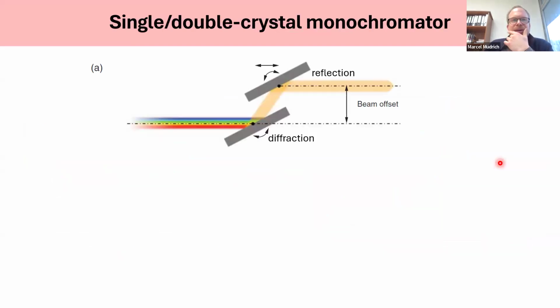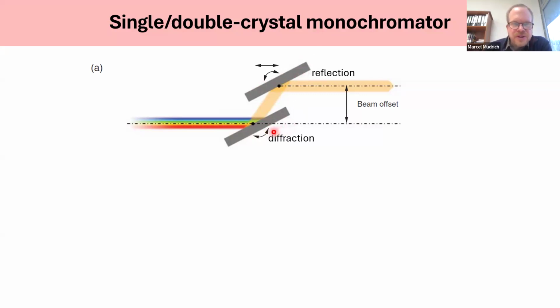And then, once we have decided on one crystal, silicon for example, to diffract the incoming beam, then typically it's not only one crystal, but one crystal and a mirror arranged like that. Or in many cases it's what is called a double crystal monochromator, where two crystals are placed parallel to one another.